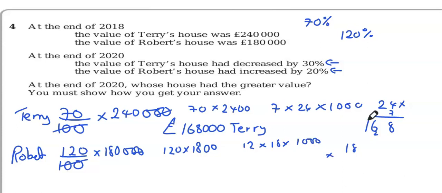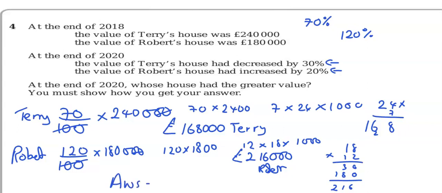So that 18 times 12, 2 18s are 36. Put down the 0, and we obtain 216. So this is 216 times 1,000, and that is Robert. But the question asks whose house had the greater value, so you must write answer equals Robert.